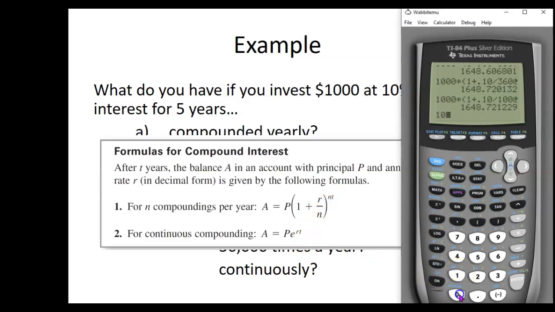So here that would be 1,000 for P times e to the, in parentheses, R was 0.10 and T was 5. So we get 1,648.721271. So to the nearest cent, it's still just $1,648.72.